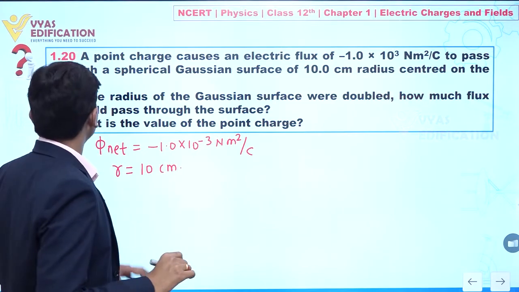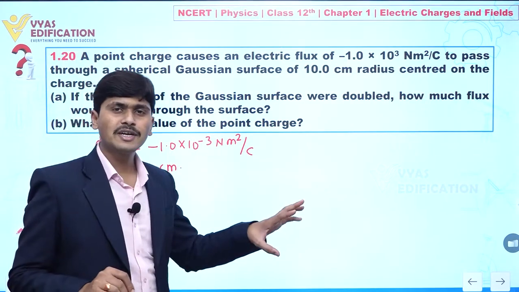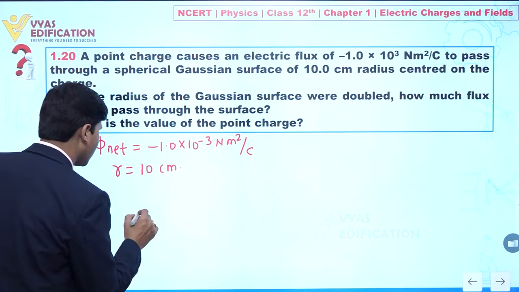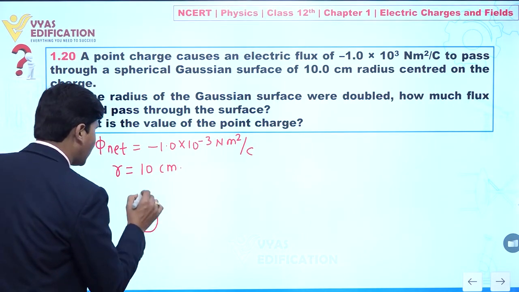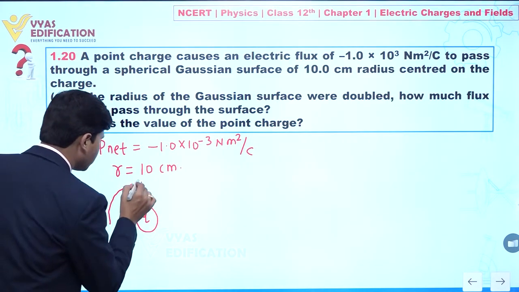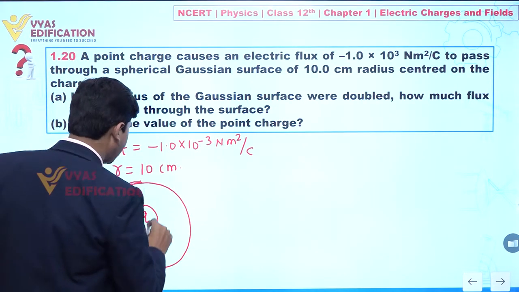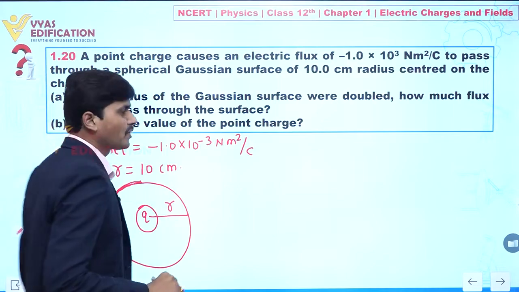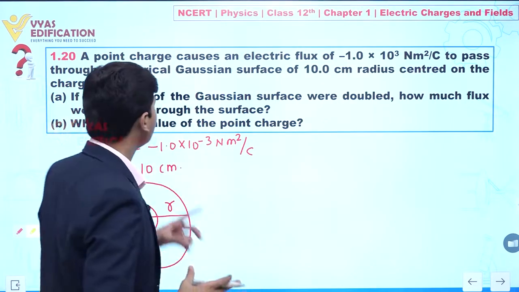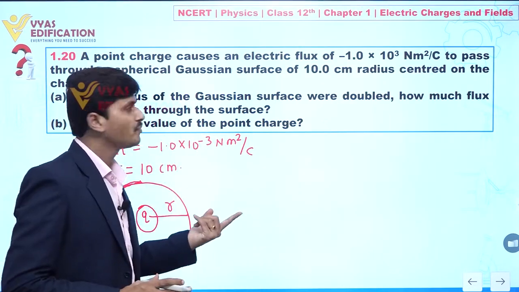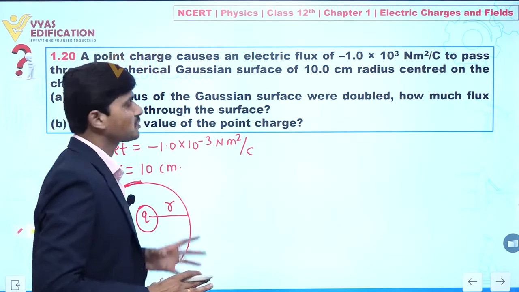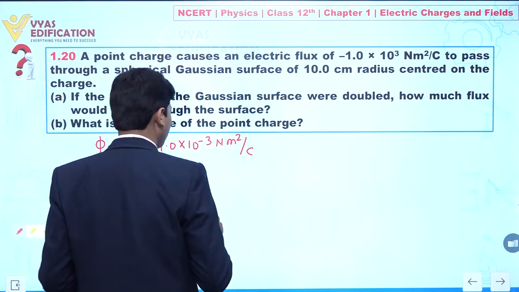If the radius of the Gaussian surface were doubled, let's suppose we are having a point charge, and let's suppose this is the Gaussian surface we are assuming, having radius r. Now in this question it is given that the value of r is doubled, then how much flux would pass through the surface? It means, now what is the situation?